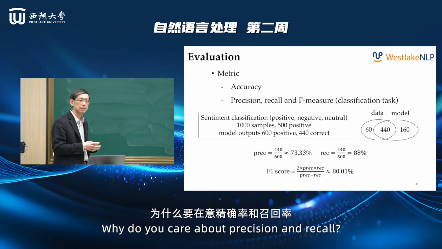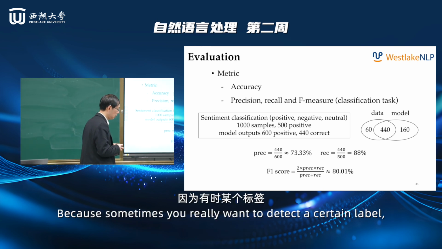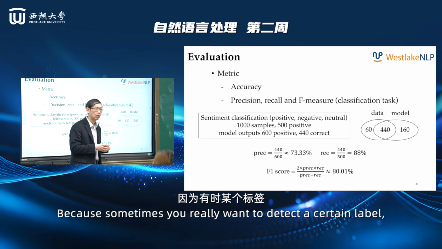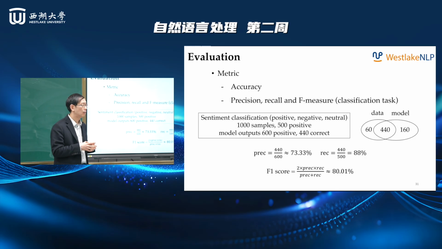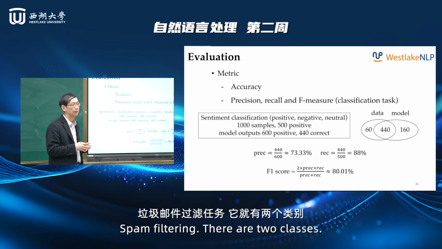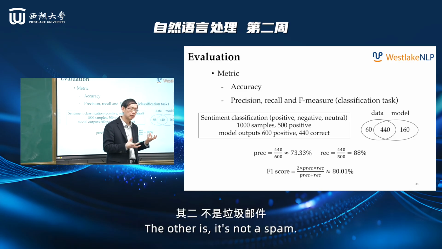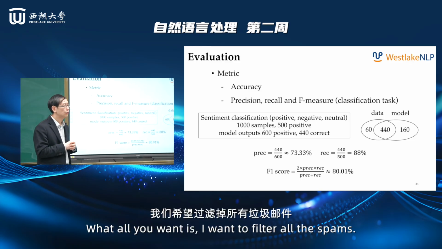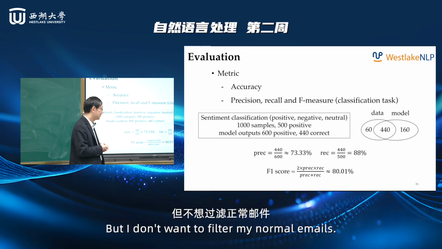Why do you care about precision and recall? Because sometimes you really want to detect a certain label. Take spam filtering, for example. There are two classes: the email is spam, or it's not spam. What you want is to filter all the spam, but you don't want to filter your normal emails.